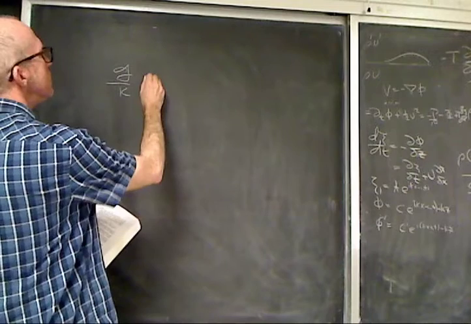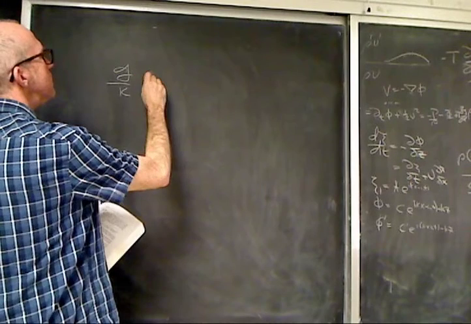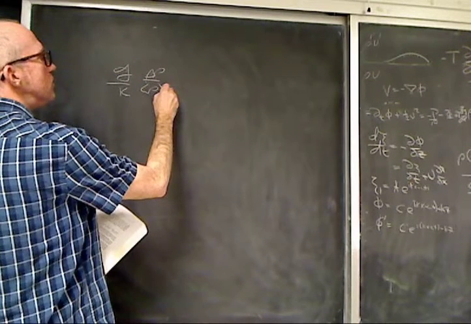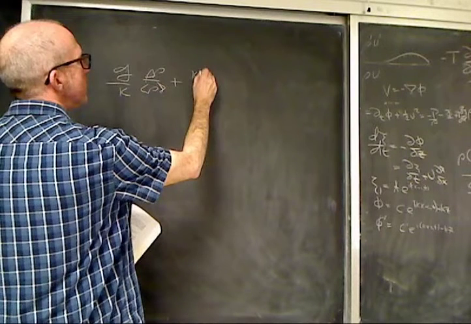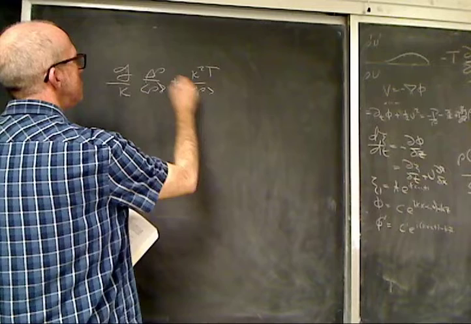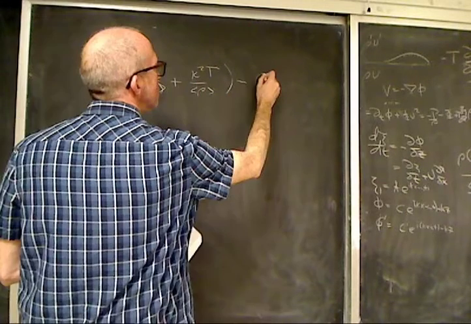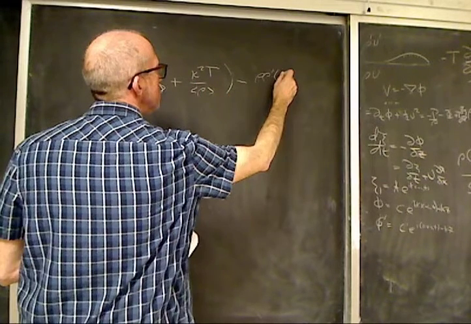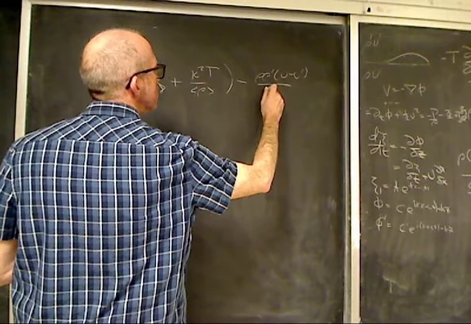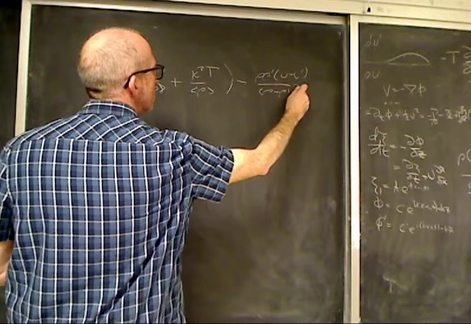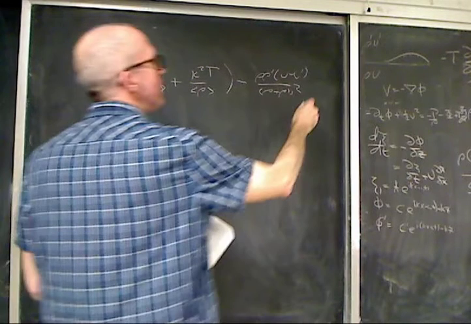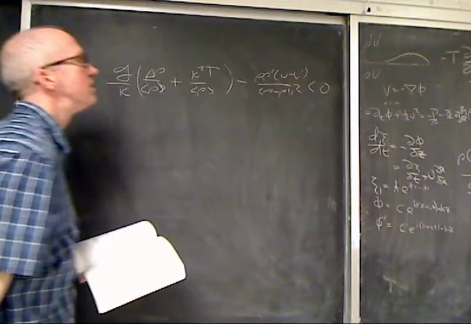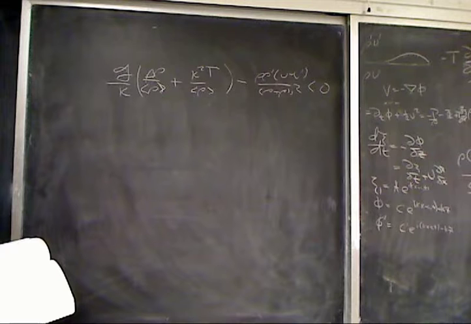So g over k times delta rho over average rho, plus k squared T over average rho, minus rho prime, u minus u prime, over rho plus rho prime squared. Now all of this goes into the square root, but I don't care about that. I just need it to be less than 0, because the square root doesn't change the sign.